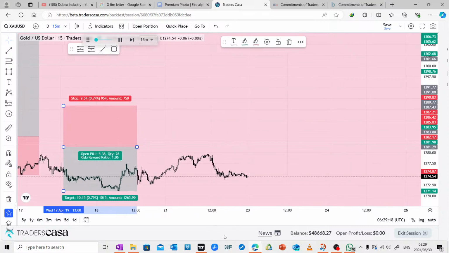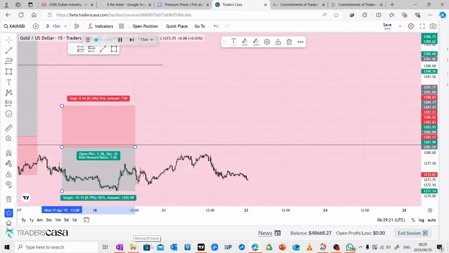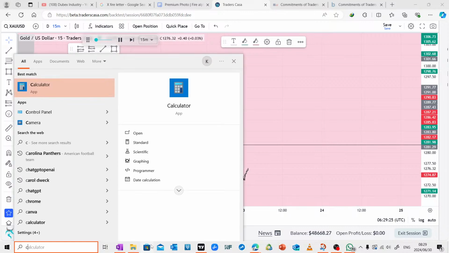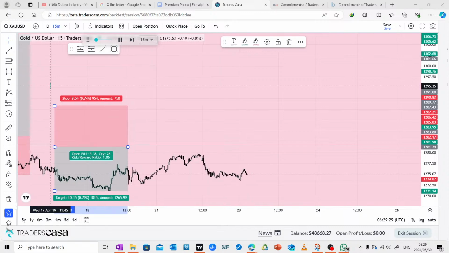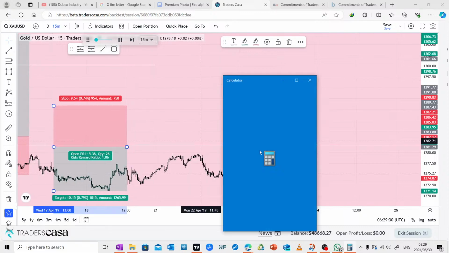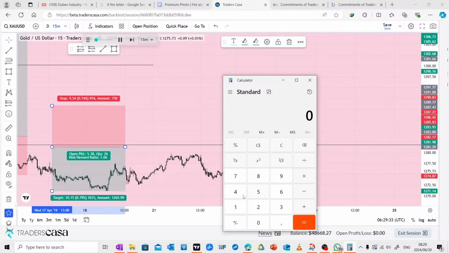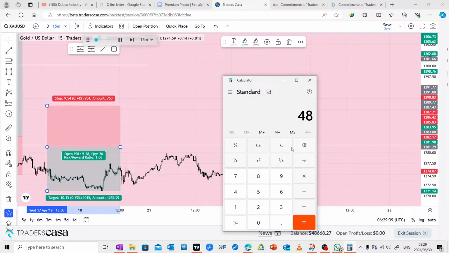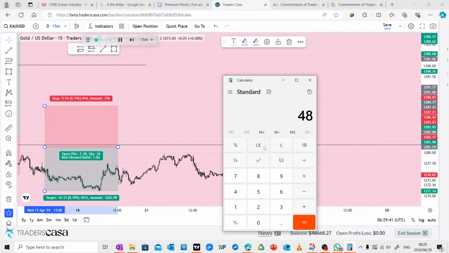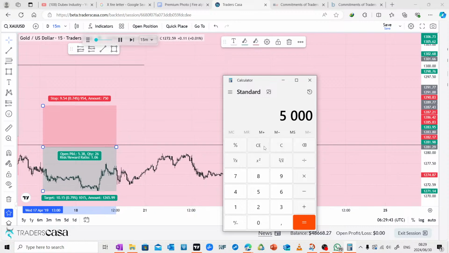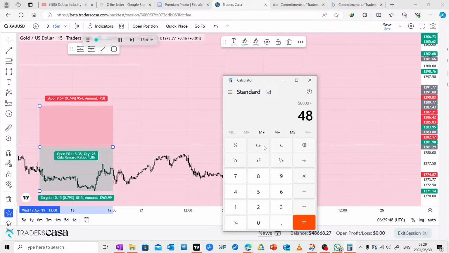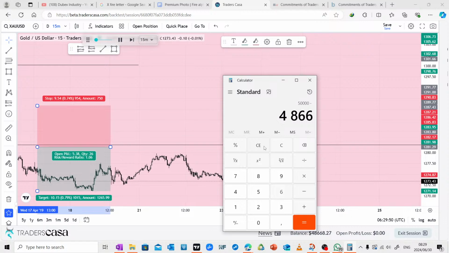So how much have we lost today? Let's check out the calculator. You saw I took a couple of L's, like 4 L's. So the account was supposed to be 50,000 minus account balance 48,668.